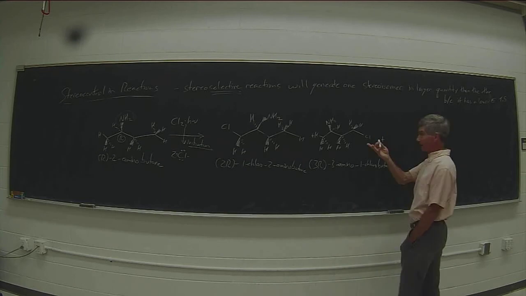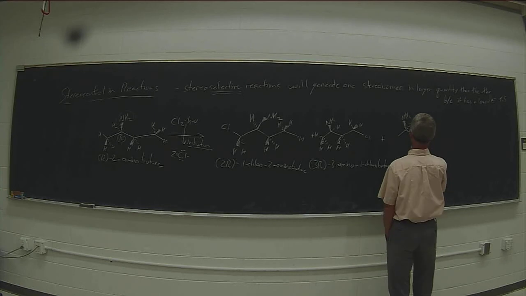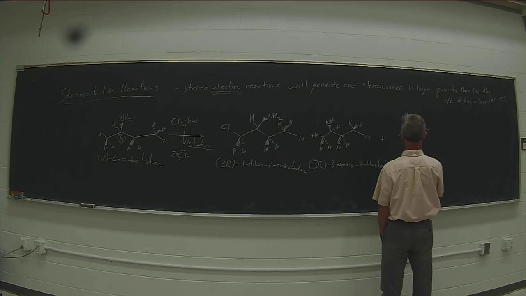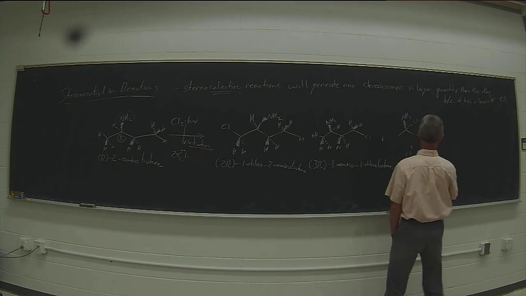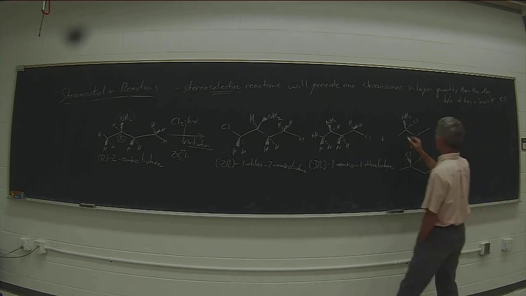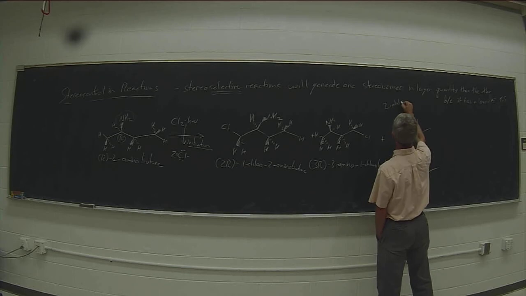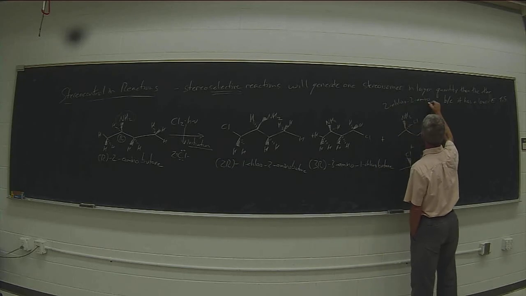If I reacted at carbon 2, I could potentially generate either stereoisomer of the 2-chloro, 2-amino butane.